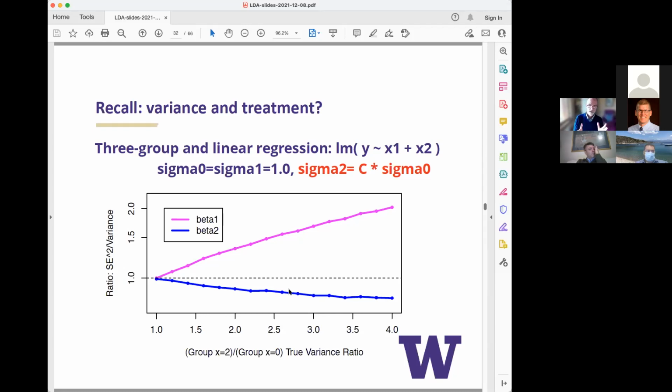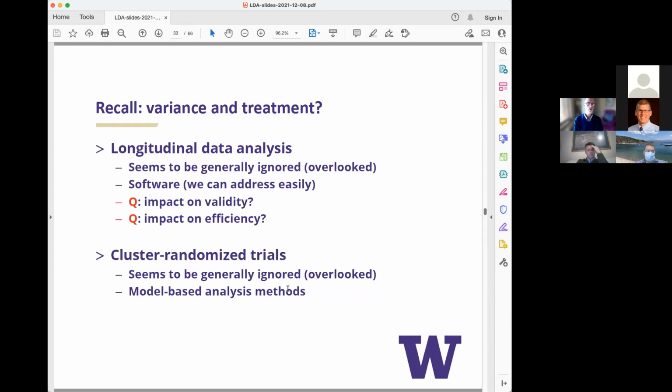So even in the simplest examples, think about the relationship between treatment group and variance-covariance. Ensure your procedure is attentive to that by introducing it to the model, by introducing robust standard errors, or by knowing you're lucky that 50-50 in a 2-group setting will work. So I wanted to say, for longitudinal data analysis, this kind of phenomenon, the variance across treatment groups, I think is generally overlooked.